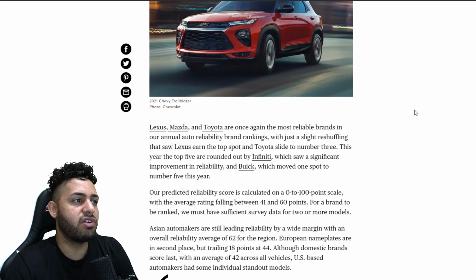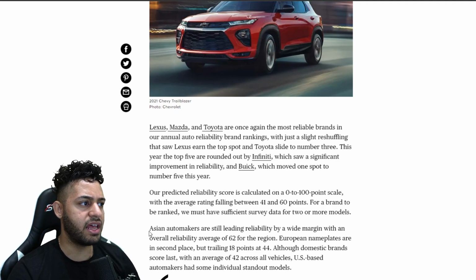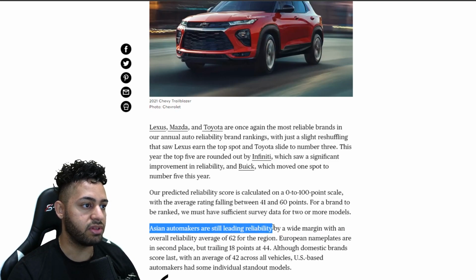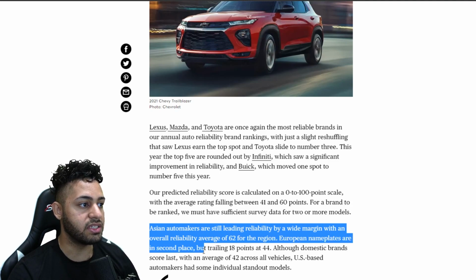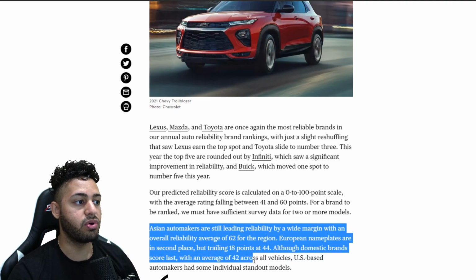But anyways, going further into this report, I went on the actual website of consumerreports.org, and it mentions that Asian automobile makers are still leading reliability by a wide margin, with an overall reliability average of 62 for the region. European nameplates are in second place, but trailing 18 points at 44, although domestic brands score last with an average of 42 across all vehicles.